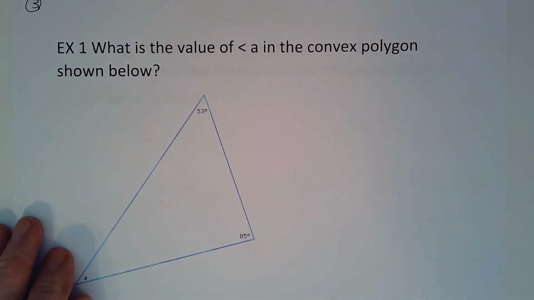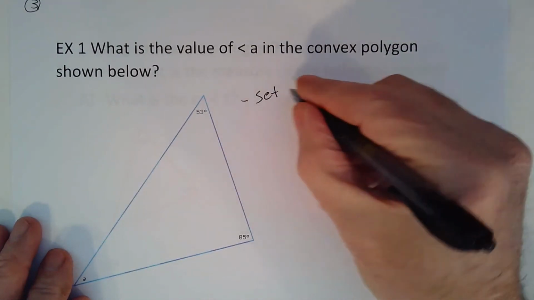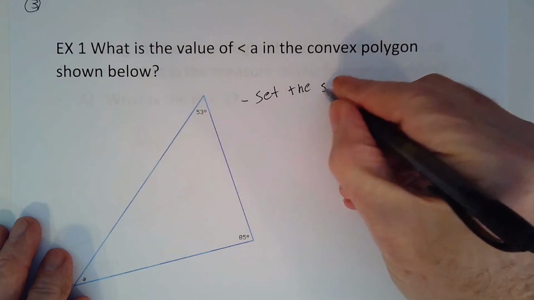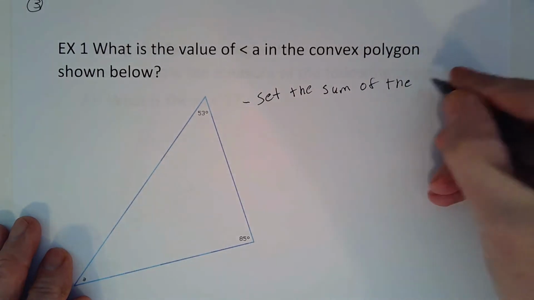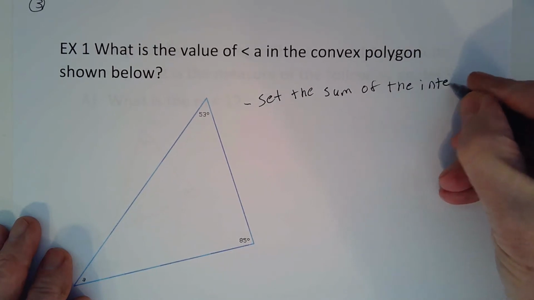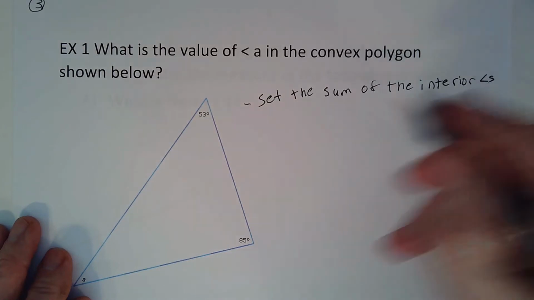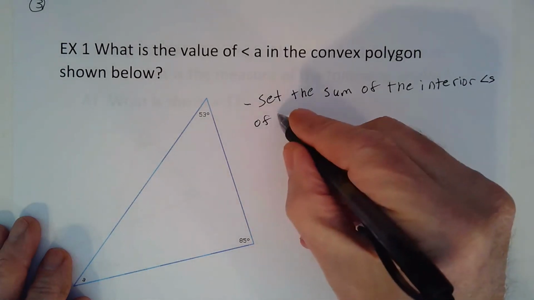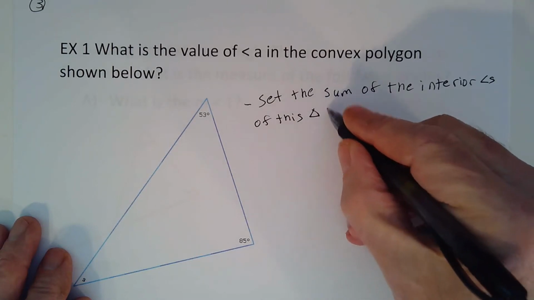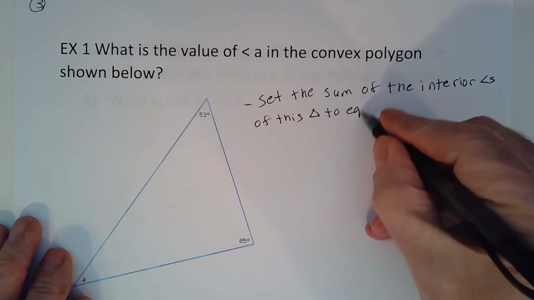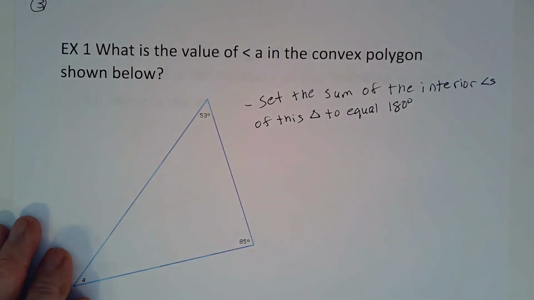Let's write that down. Set the sum of the interior angles, and I'll use the angle sign, of this triangle, and I'll use the triangle sign, to equal 180 degrees.